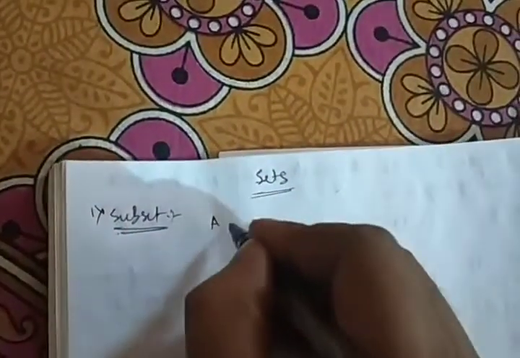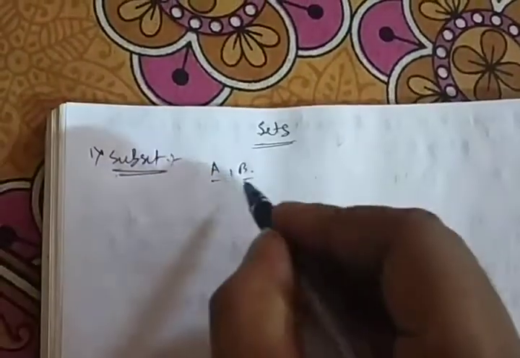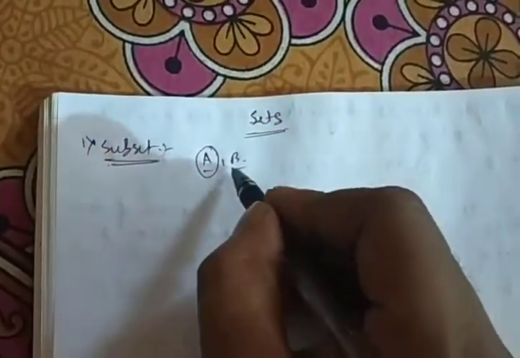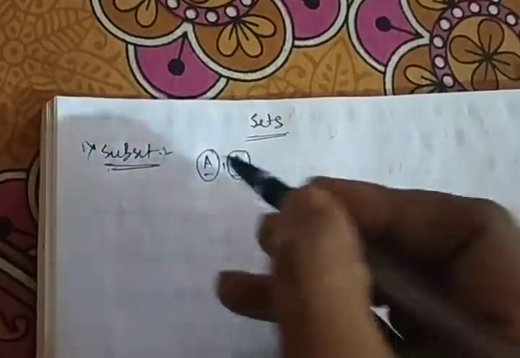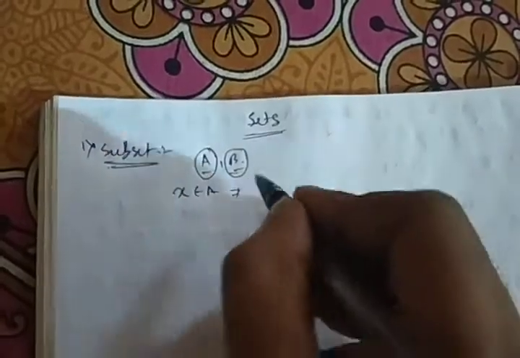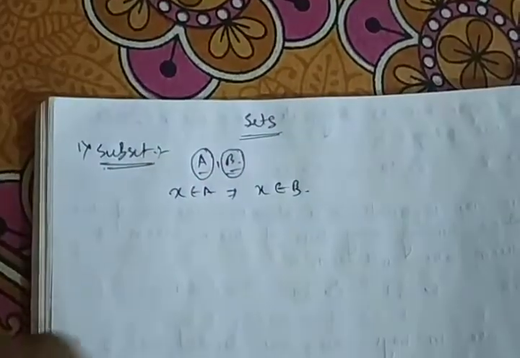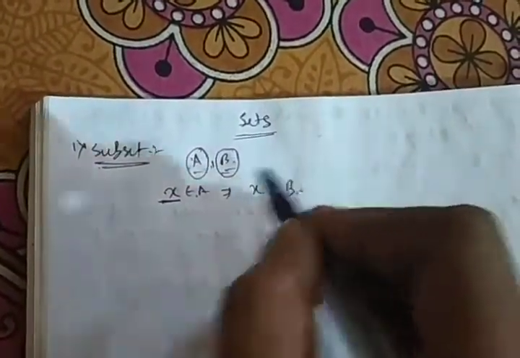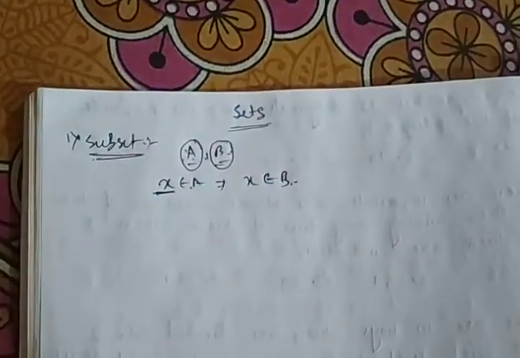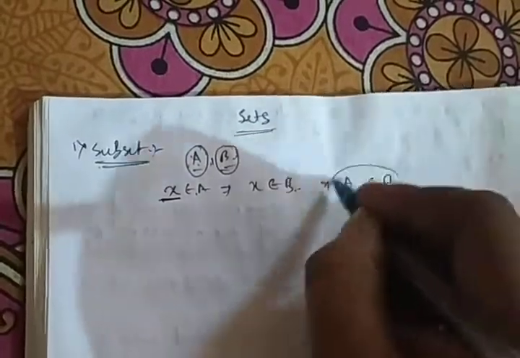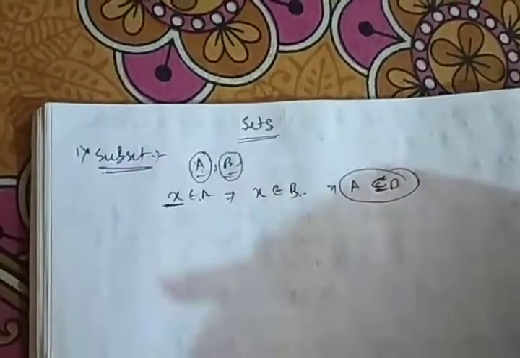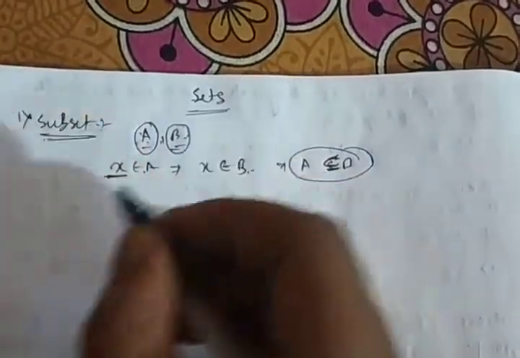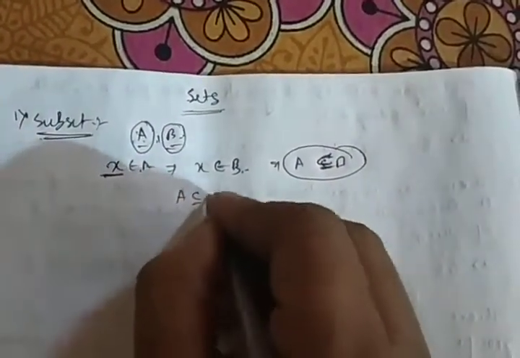If two sets A and B are given, and every element of A belongs to B, then A is called a subset of B. That is, for an arbitrary x, x belongs to A implies x belongs to B. As x is arbitrary, every element of A belongs to B. So A is a subset of B. This sign denotes subset, so we can write A is a subset of B.